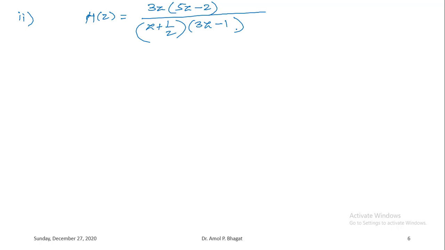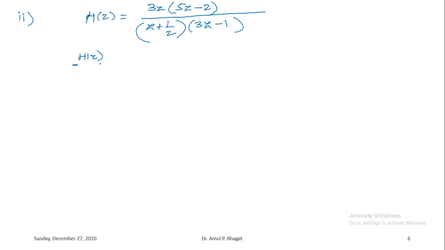Okay, so again, as we have seen in the previous example, we apply partial fraction expansion here also. We'll adjust these terms, right? Again, from this bracket we have to take the 3 common because we need only z as the first term in each bracket for applying partial fraction expansion. Then you can multiply both sides by 1 by z, or you can simply send this z to the left hand side.